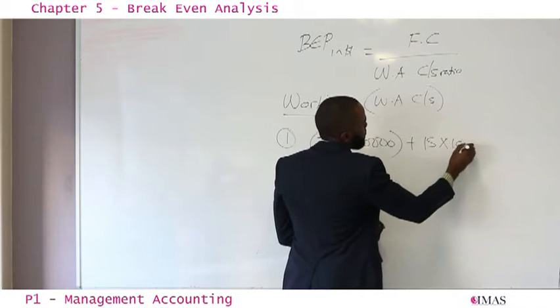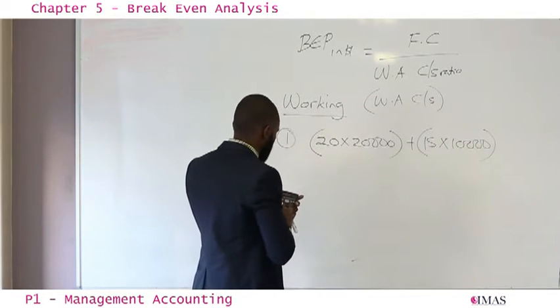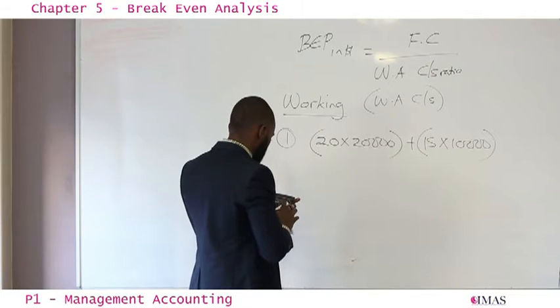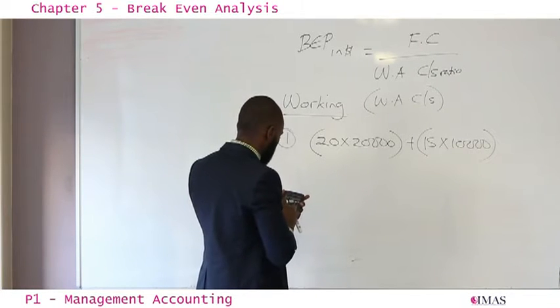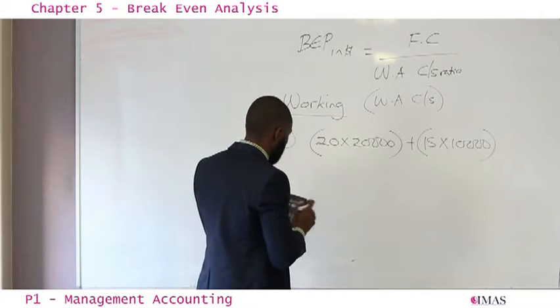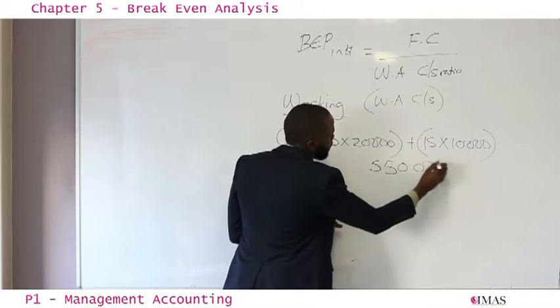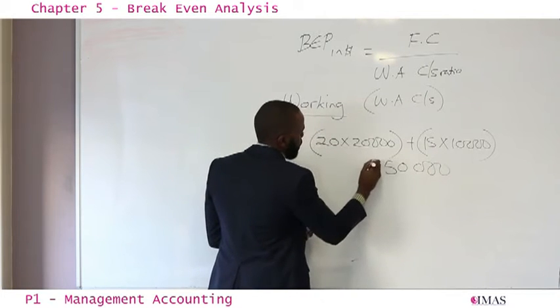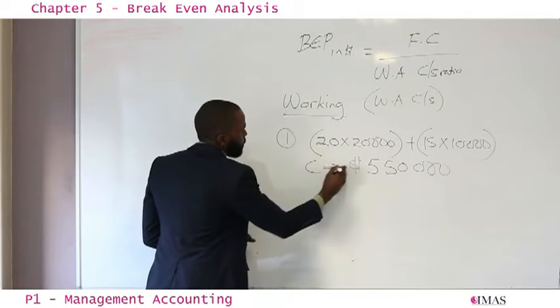So it's 20 times 20,000 plus 15 times 10,000. We get 550,000. That's our total contribution, 550,000.